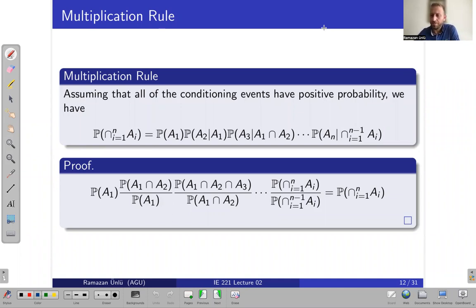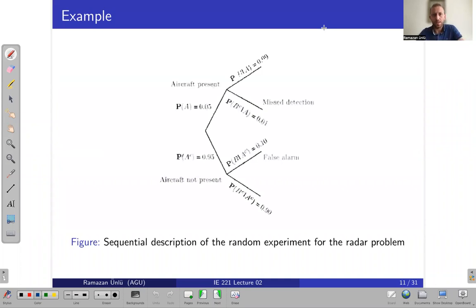Okay, so just before going to details, just remember the last example, the aircraft example. In this example, if you remember, we calculated some probabilities and some conditional probabilities.